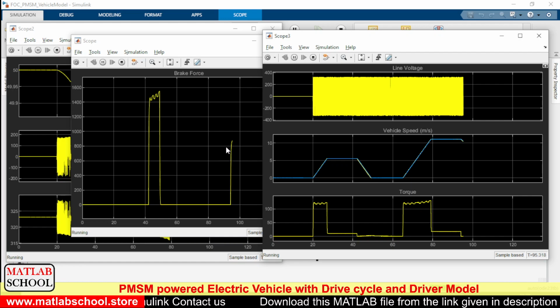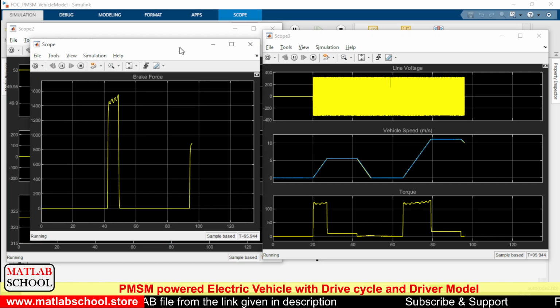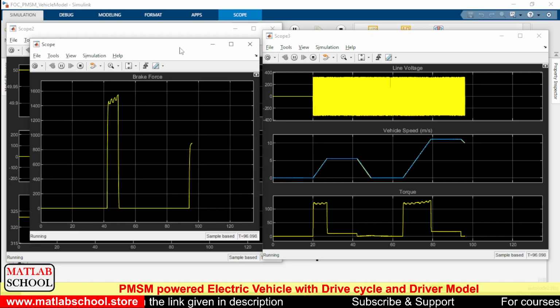Simultaneously, you can see the brake getting applied by the driver model. Yes, as per the speed profile, the speed will decrease, then after some time it will increase again.